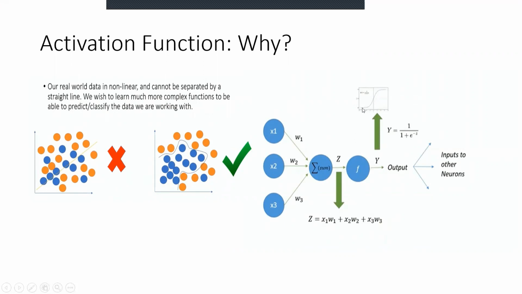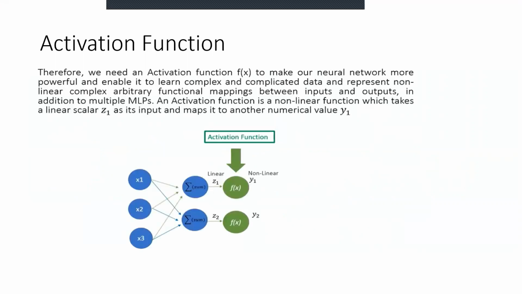That's the reason we use the activation function, so that my straight line becomes non-linear, and it would be easy for me to classify my data set into multiple classes when the nature of my data set is non-linear, right? So that's the reason the activation function is required, to convert linear into non-linear functionality.